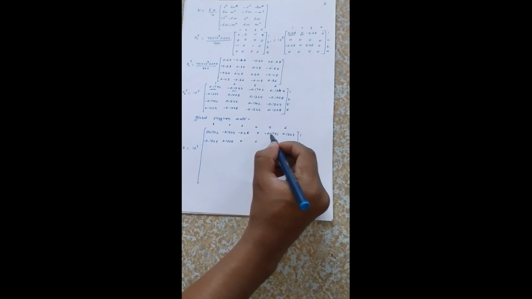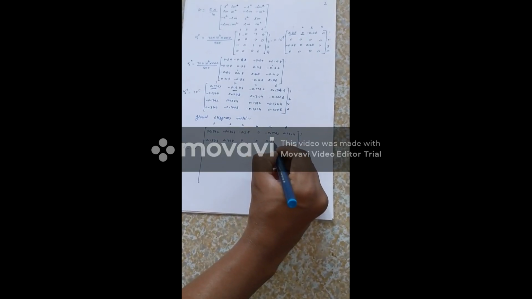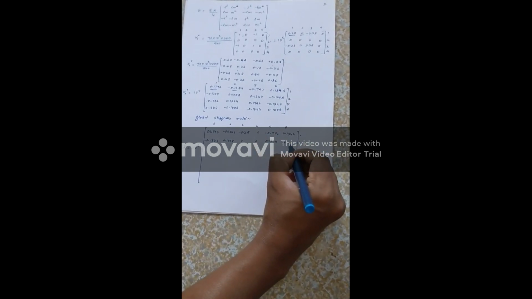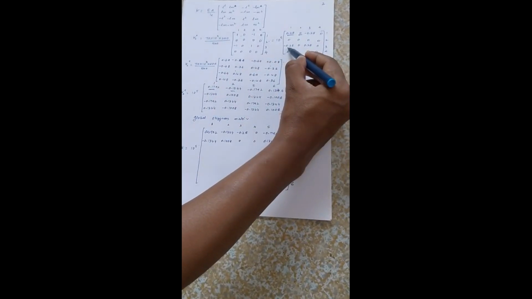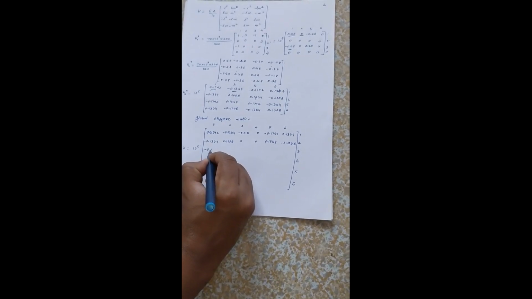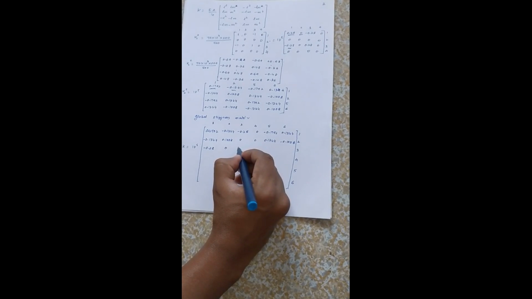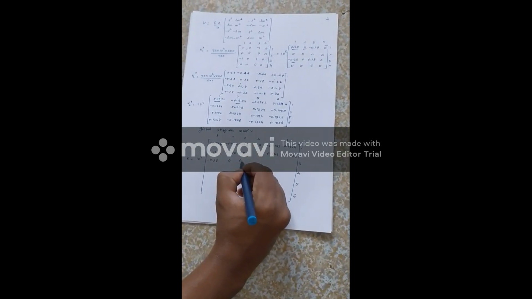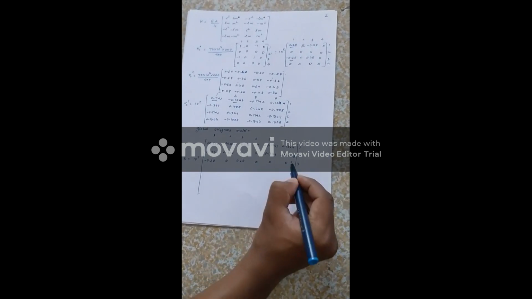So 5 cross 2 is 0.1344, and 6 cross 2 is minus 0.1008. So 1 cross 3 will have one value, which is minus 0.28. 2 cross 3 is 0. 3 cross 3 is 0.28. 4 cross 3 is 0. 5 cross 3 is 0. 6 cross 3 is 0.